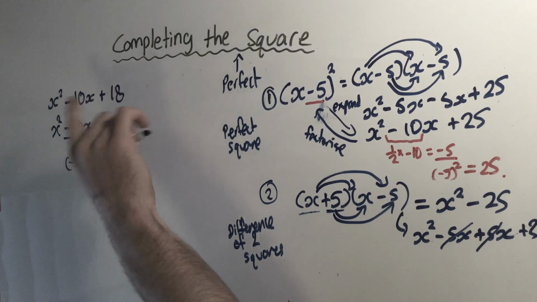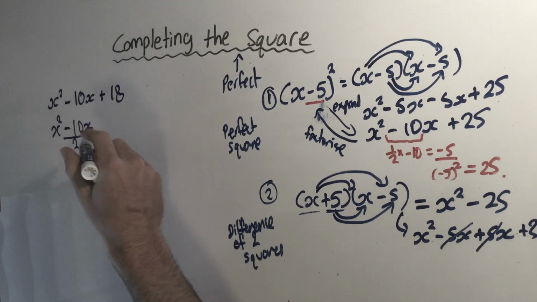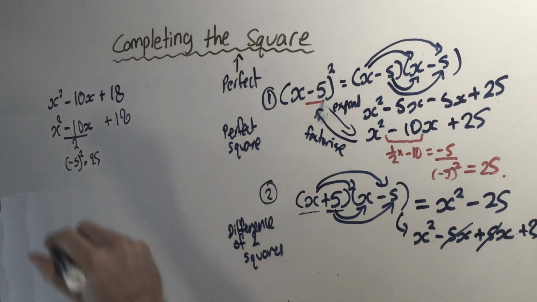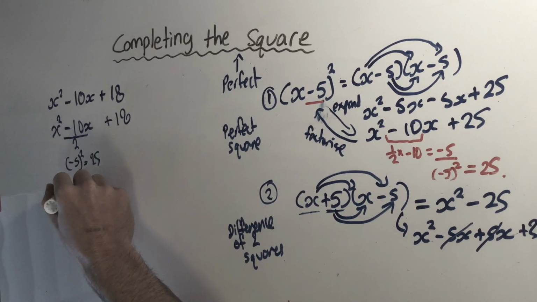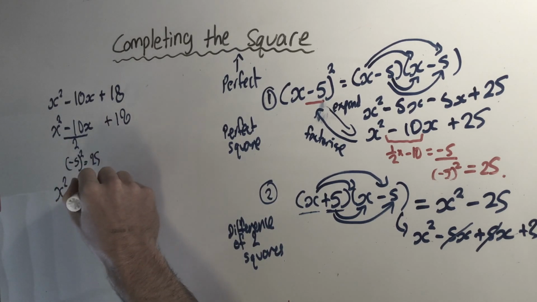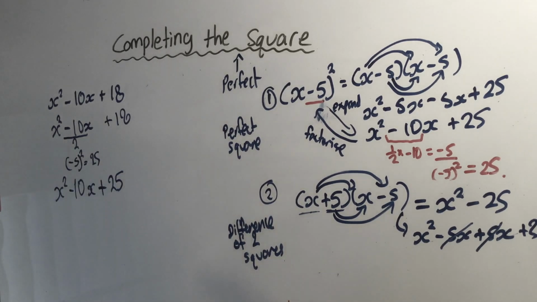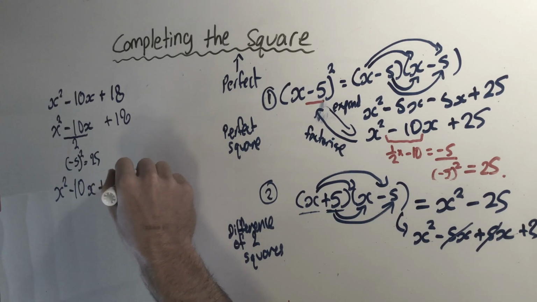But I had plus 18. I didn't want plus 18, I want plus 25. So I'm going to hold the plus 18 on the outside here. I'm going to come down here and say, okay, we have x squared minus 10x, and I'm going to add in 25. And you're probably thinking, how can you just add in plus 25? You had plus 18. Well, to compensate, to balance the equation, I still want it to be exactly the same value as before, so I'm going to still write my plus 18 over here.